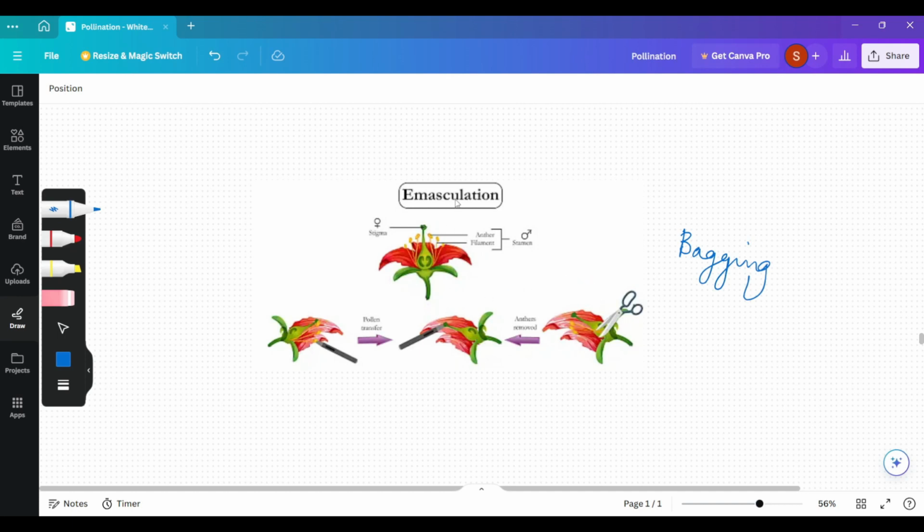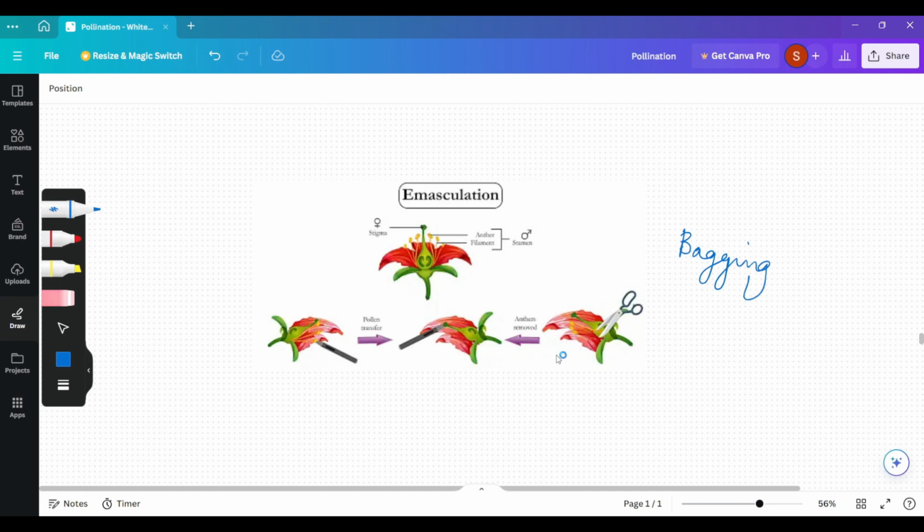Also, we can conduct emasculation. Emasculation is a process where the stamens are removed artificially or manually. We could remove the stamens so that the stigma shall not be contaminated by the pollen grains which we do not desire or which we have not selected.